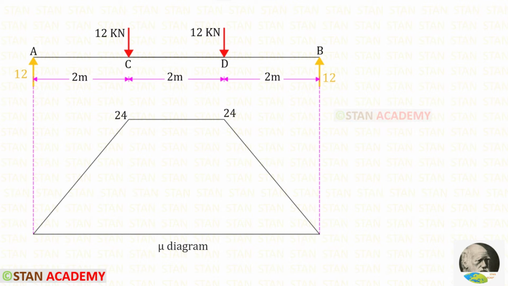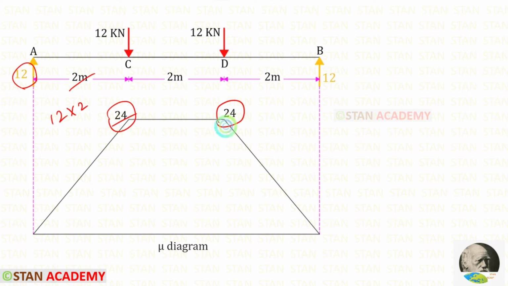Now we have to draw the bending moment diagram for the simply supported beam. To get this ordinate, we have to multiply the vertical reaction RA with the distance 2. 12 into 2, we will get 24.